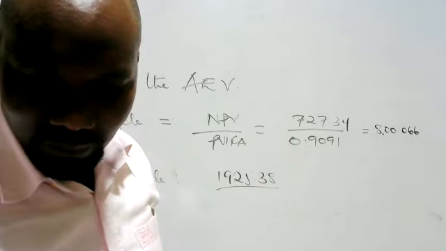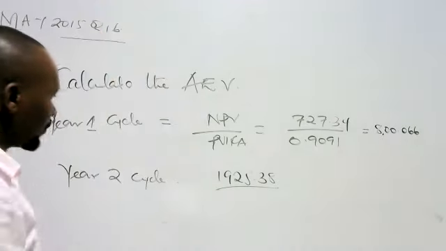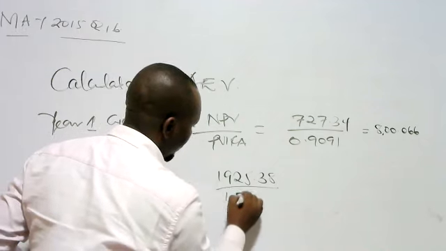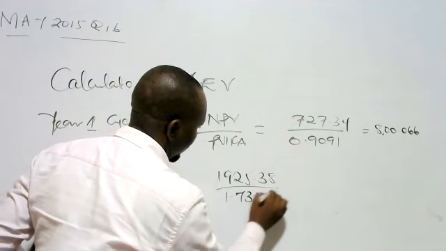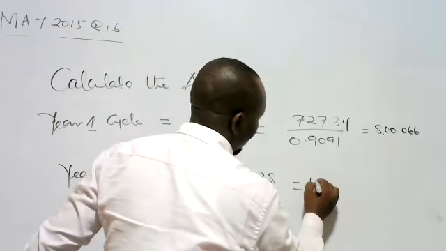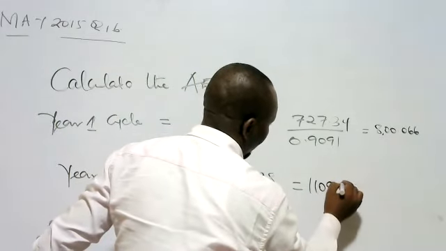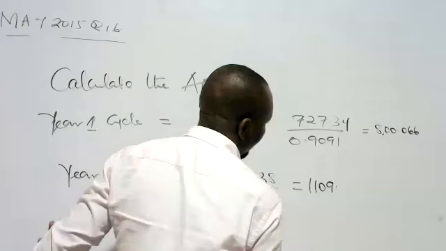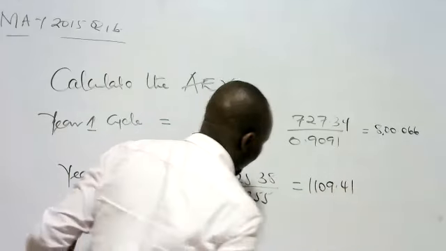Hiyo PV ni 1.7355. 1.7355, giving us 1109.41.